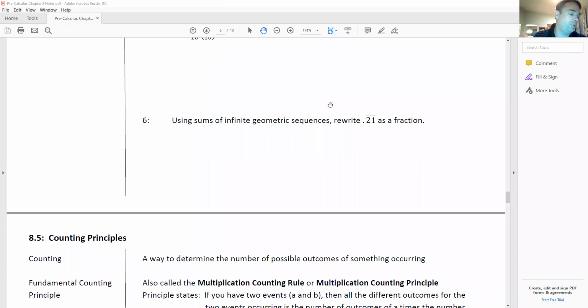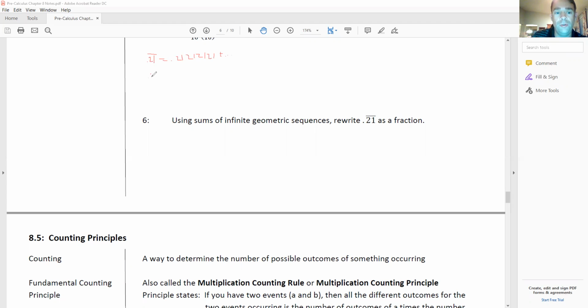How do we rewrite 0.21 repeating as a fraction? So first of all, let's take a look at what 0.21 repeating is. It would be the same thing as 0.21212121. You kind of get the idea, right? It goes on forever.